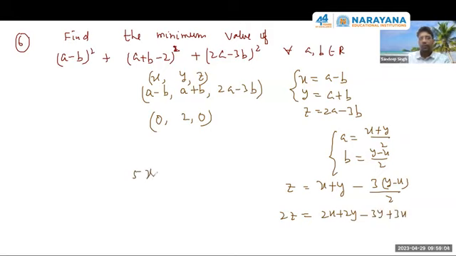So this is 5x minus y minus 2z equal to 0. So from this we can claim that on this plane, this point is always going to lie. And this denotes the square of the distance of this point from this point, or in other words, from this variable point on this plane.